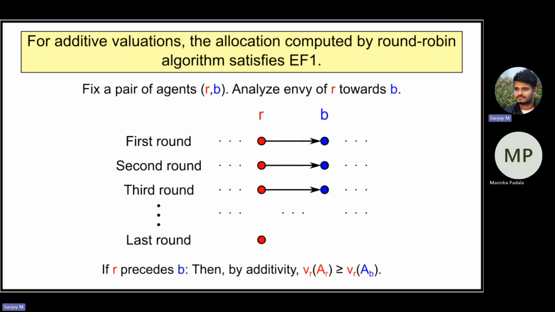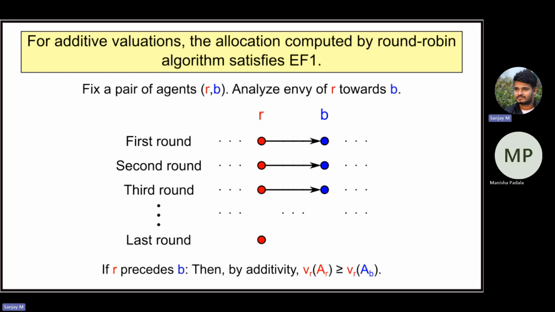Same argument you can apply to the second round, because again, this and this item both were on the table, but red picked this. So again, red weakly prefers this item over that. So item for item, red likes its bundle over blue's bundle. And maybe in the last round, blue didn't get anything, so red prefers this item over the empty item that blue got.